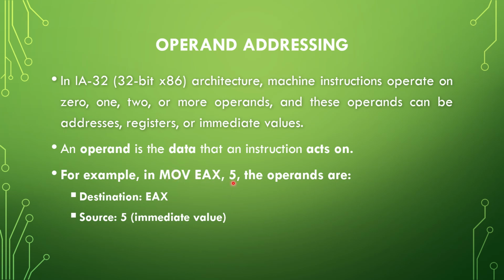You all have studied coding with 8086, right? So this is one such basic instruction which we took to explain operand addressing. So MOV EAX, 5 indicates that the destination is EAX and the source is 5, which is the immediate value. The value 5 is being stored in this destination.